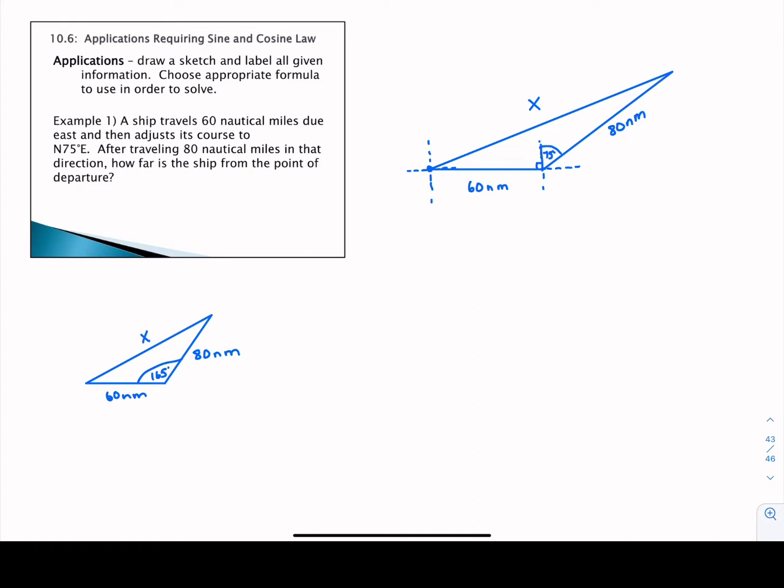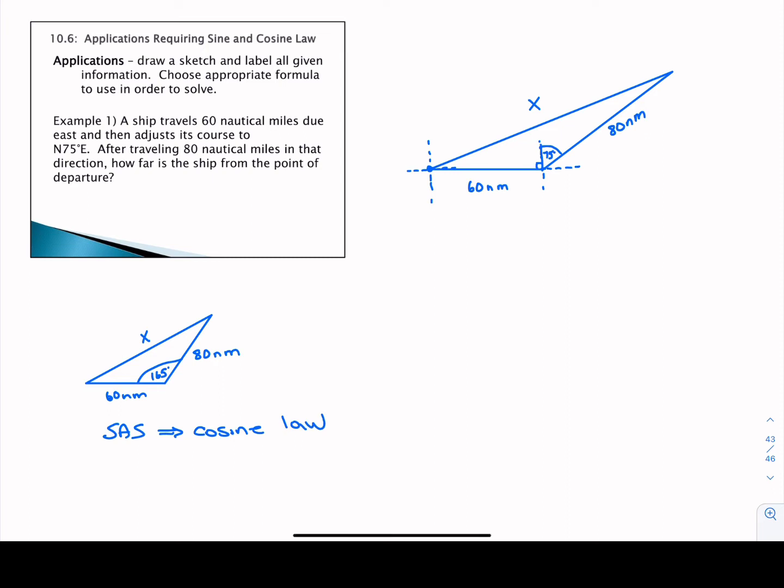This is where we go back to the orientation of the information given. I have two sides, I have one angle, and that angle is sandwiched between those two sides. So this is a side angle side triangle. Because it's a side angle side orientation, I know that I can use the cosine law in order to solve.